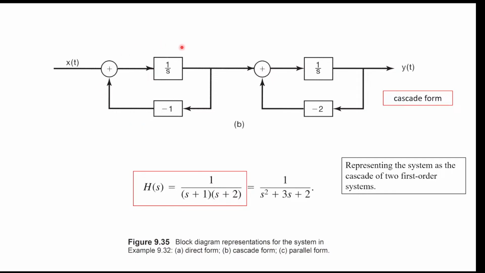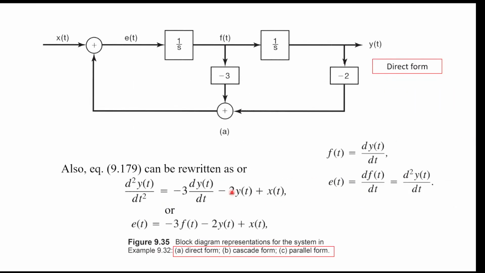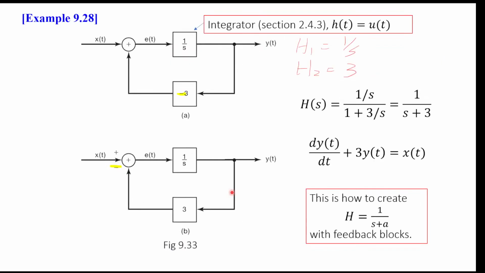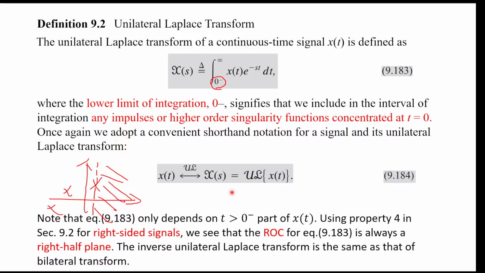So we have the first system give us 1 over s plus 1, the second system give us 1 over s plus 2. And we can also do partial fraction expansion and get this parallel form. So the upper part gives us 1 over s plus 1, and the lower part gives us 1 over s plus 2, etc. Okay, and so there are ways to give the system function you want with a block diagram.